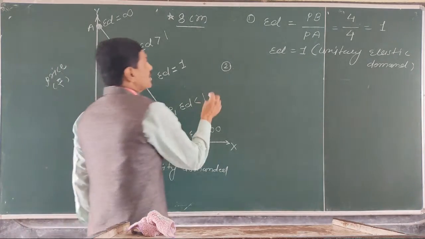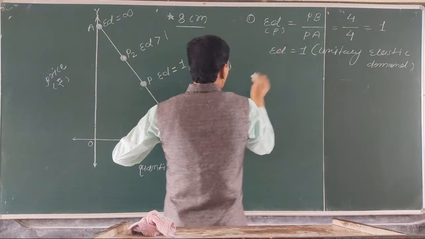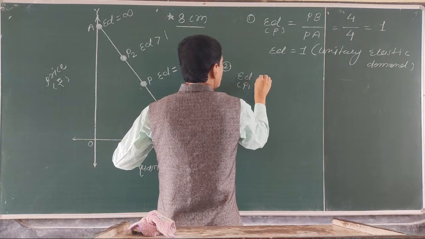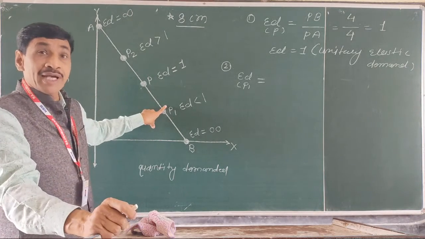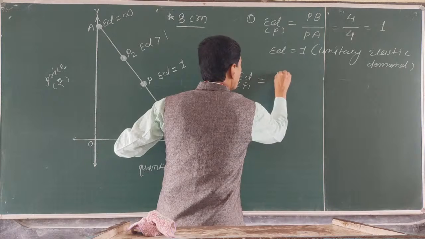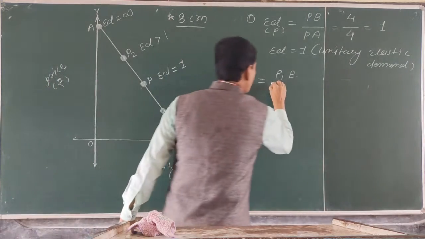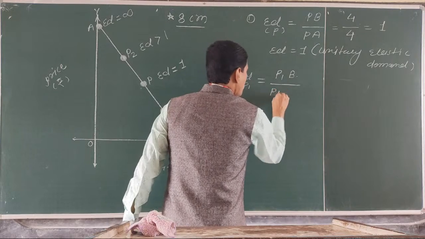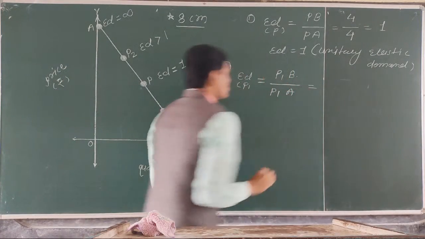Then we have measured ED of point P1. Here is the ED of point P1, means ED is equal to, you use the formula L upon U. So L is P1B upon U is P1A.